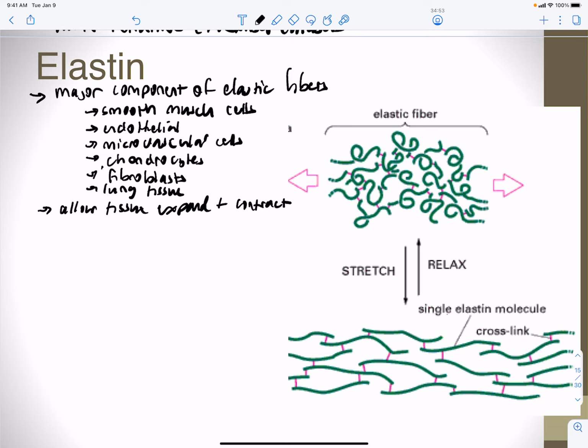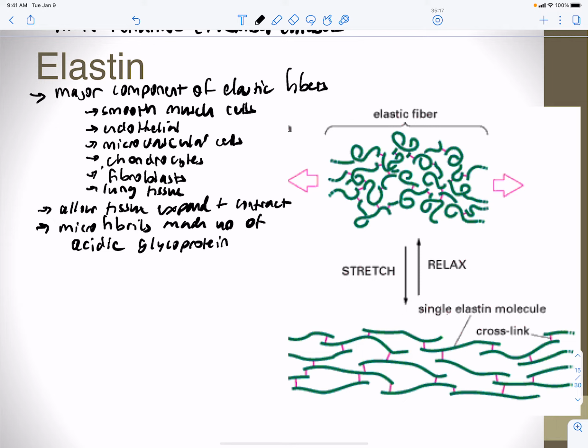Elastic fibers are going to have microfibrils, and these are going to be composed of acidic glycoproteins, especially fibrillin 1 and fibrillin 2.